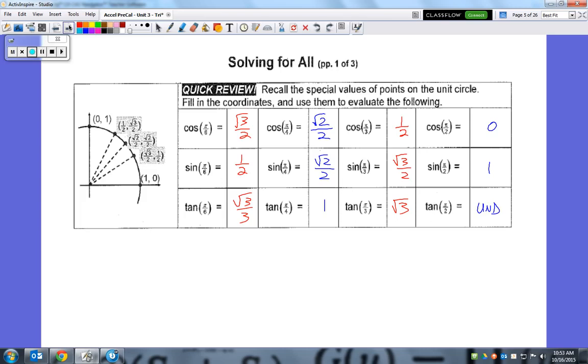Alright, so a little bit of a review. If I'm reviewing my positive quadrant 1 reference angles, I can use this one quadrant to figure out any answer for any quadrant. We're going to get to that here in just a bit. I just want to quickly review that to create these points, we know there's 3 of them.